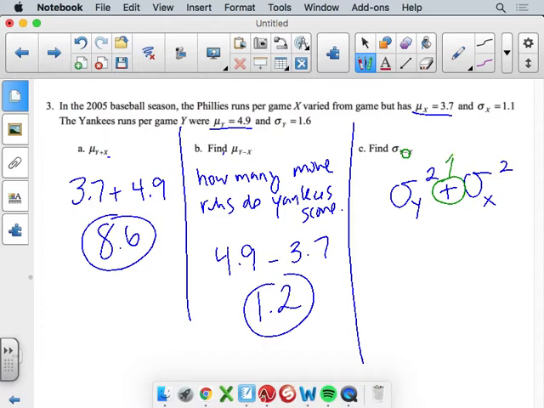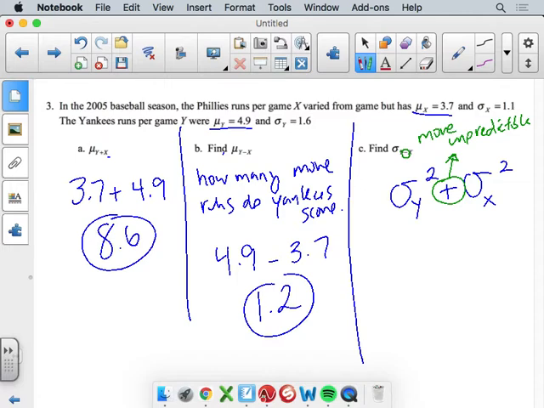So you can think about it as it's only more unpredictable now. So it's only going to increase my unpredictability. Standard deviation is like your wiggle room. Like, I expect them to score this many runs, but plus or minus 1 or 2 runs from there. So that only adds together when you do it.